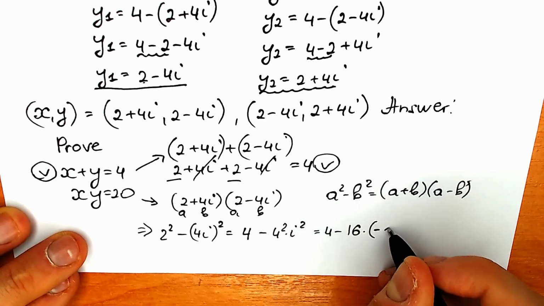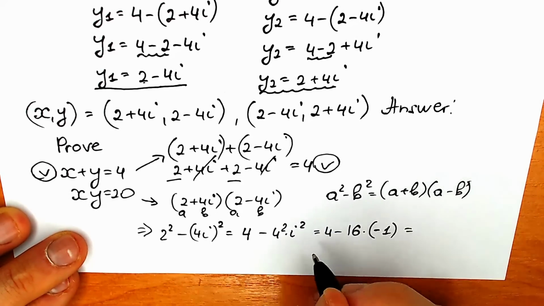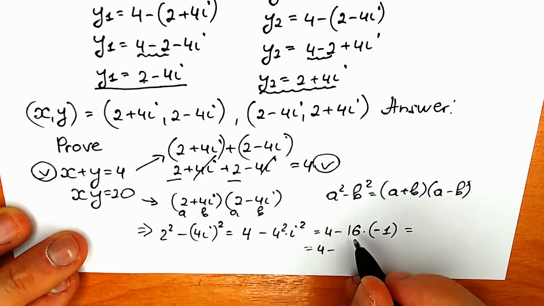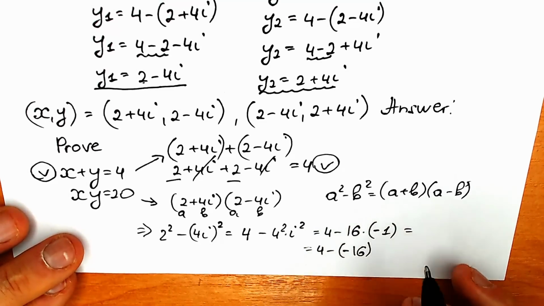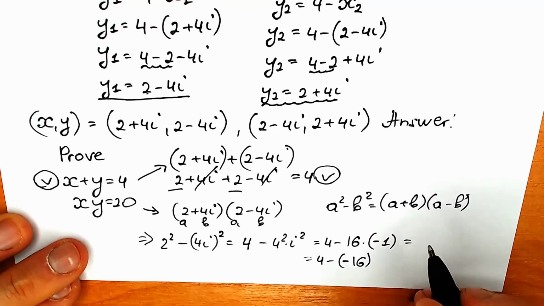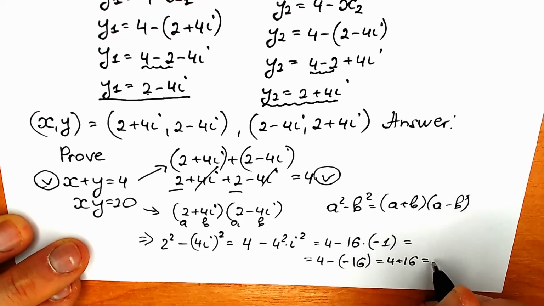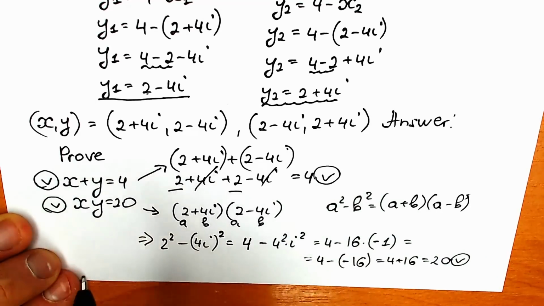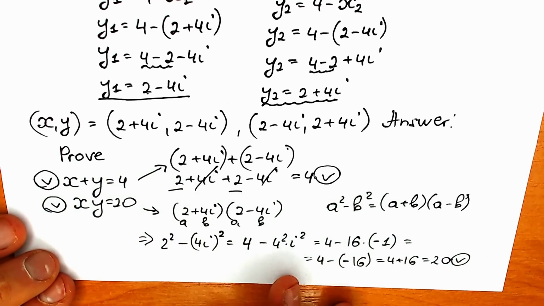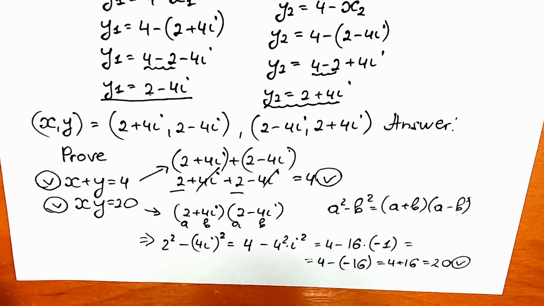Okay, we're talking about the imaginary unit. And from here, what do we have? We have 4 minus 16 times minus 1, and when we open our parentheses, because of this negative sign, we will have 4 plus 16. And this is equal to 20. So as a result, we can easily say that our second equation is absolutely correct. So it means that we solved this question absolutely correctly.